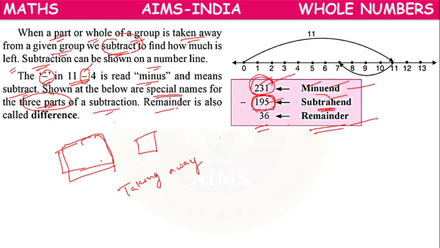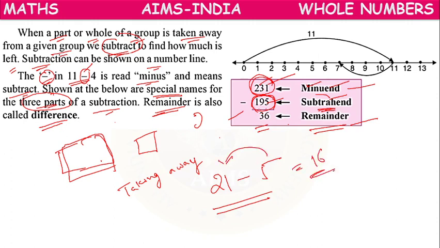Sometimes the remainder is also called the difference. Suppose we have 21 minus 5. Here we are subtracting 5 from 21. The result is 16.